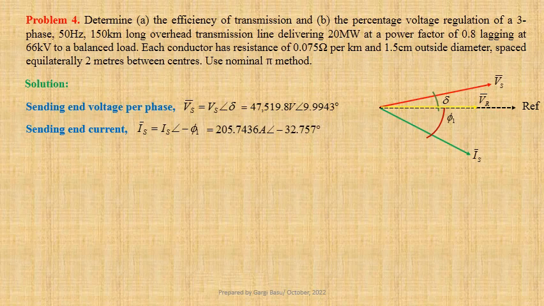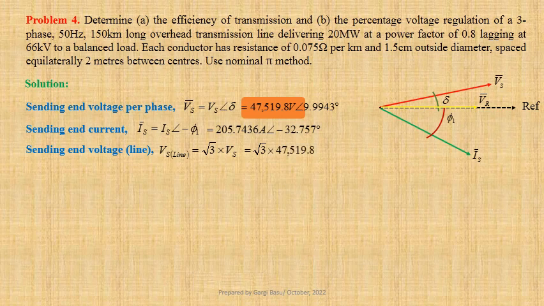For star connected system, line to line sending end voltage Vs line equals root 3 times Vs, that is equal to root 3 into 47,519.8, which is approximately equal to 82.3 × 10^3 volts or 82.3 kilovolt.